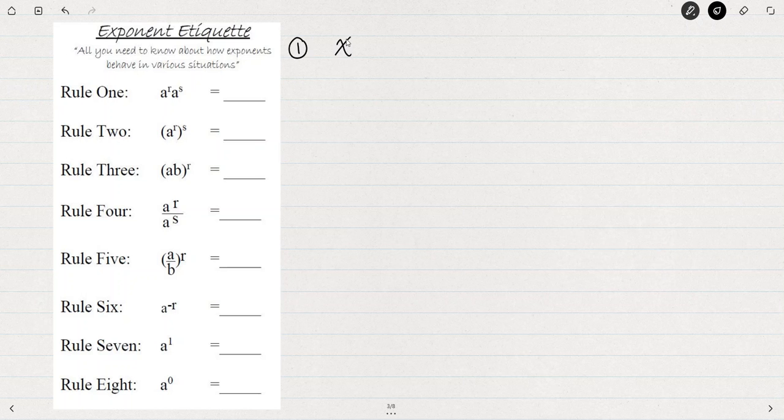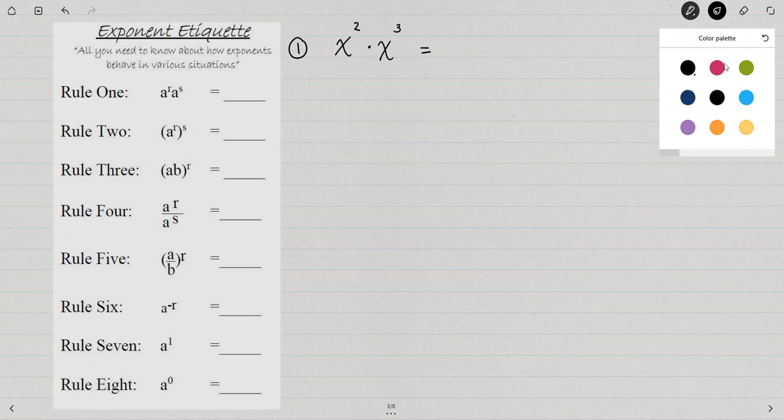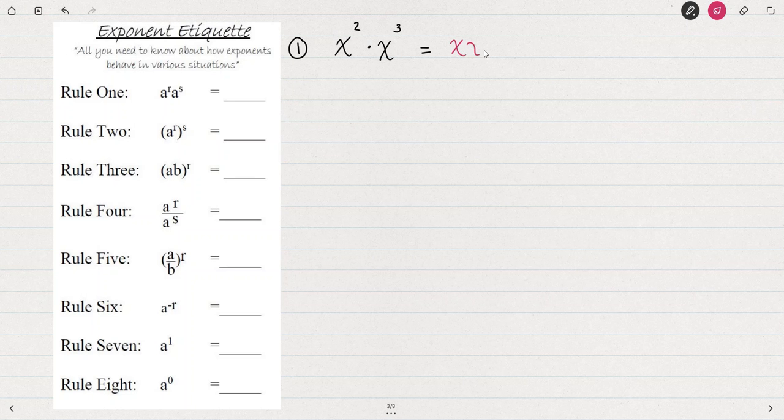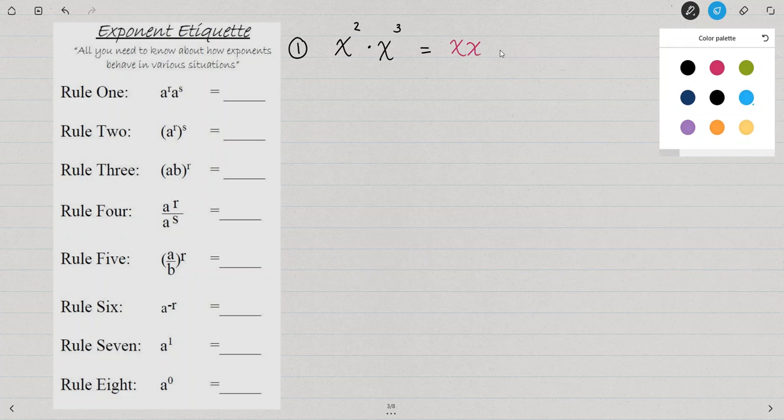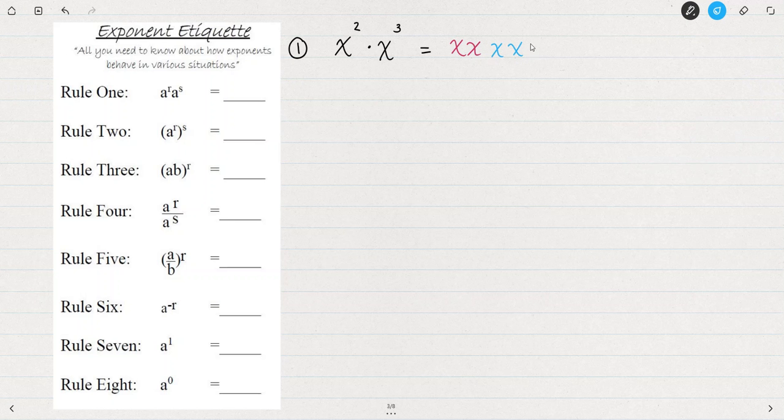If you had an x squared and you multiplied that by the same base x, now cubed, if you expanded this, do you see that that first x squared, x times x, multiplied by that second x cubed, x times x times x, would give us a total of 2 plus 3 more, or 5 x's? 1, 2, 3, 4, 5.